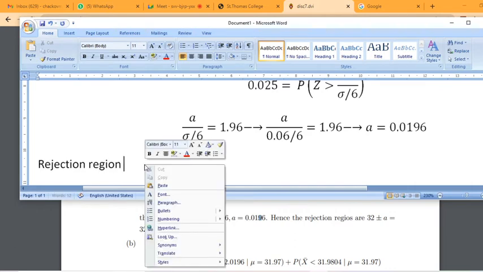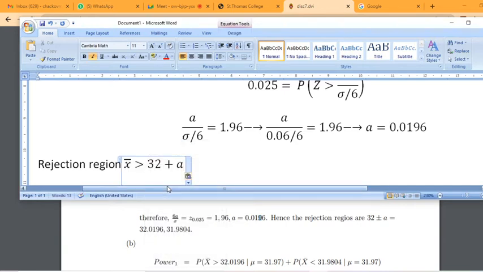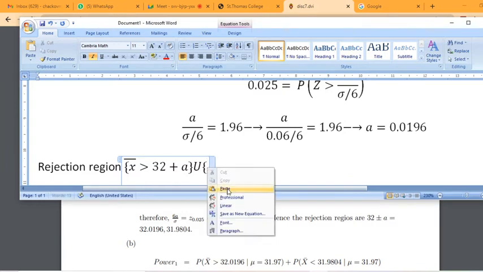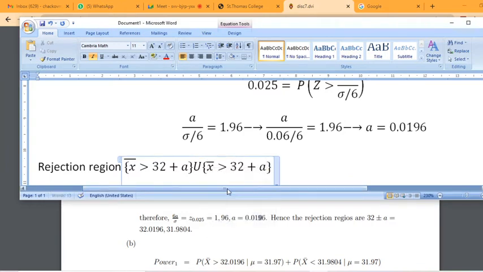Is this one, and this is the right side region, and moreover we have the left side region, that is the union. But you know what is the value of a?